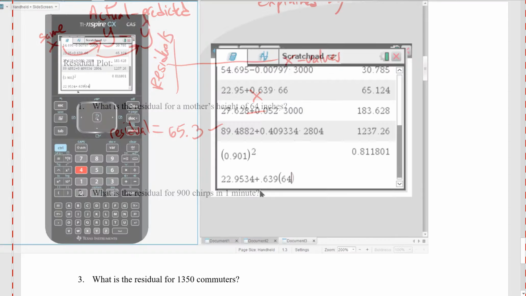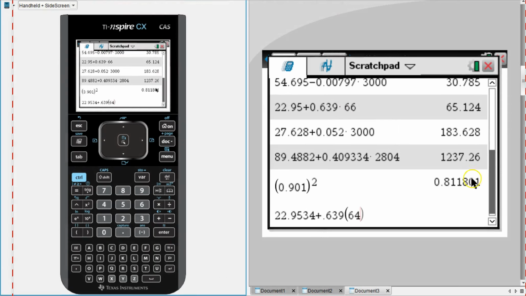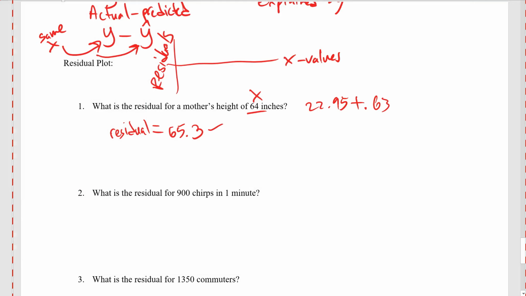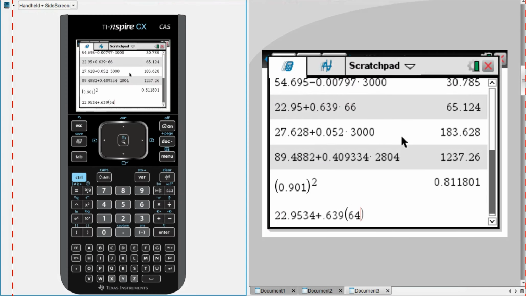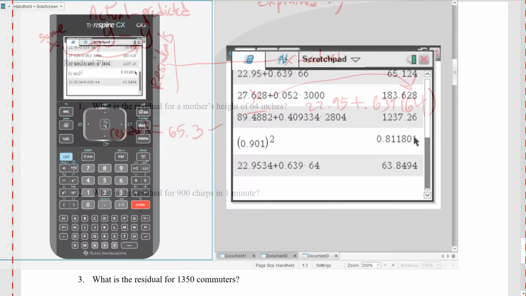So 22.95 plus 0.639 times that 64. That's where we plugged it in. That gives me a predicted value of 63.849.